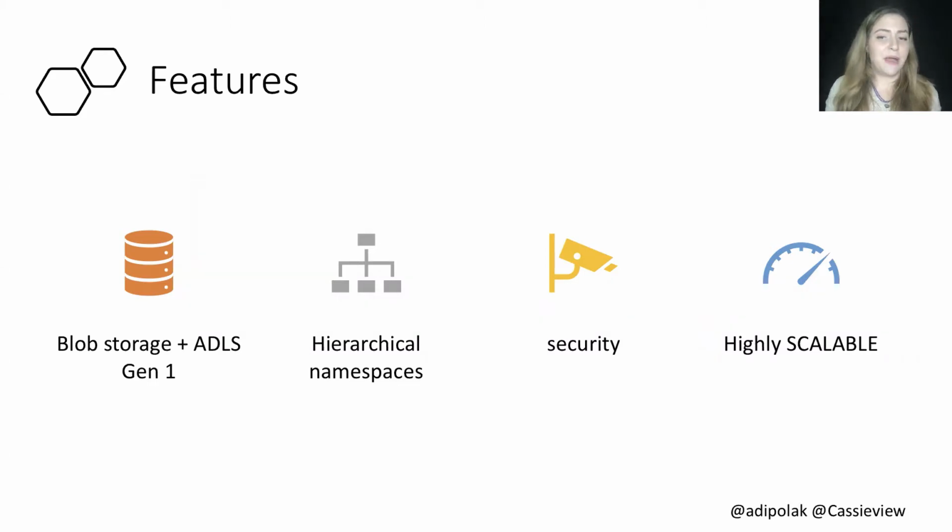It combines the power of a Hadoop compatible file system, which is a distributed file system that's designed to run on commodity hardware, with the massive scale and economy of Azure Blob Storage, which helps us speed the transition from proof of concept to production.